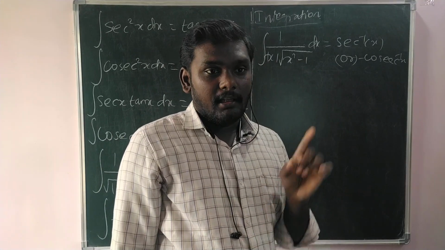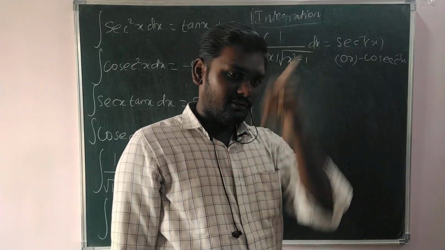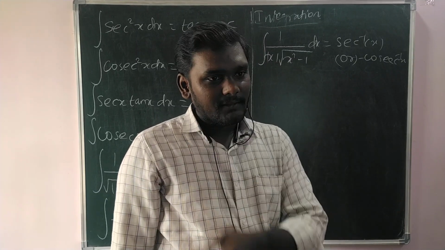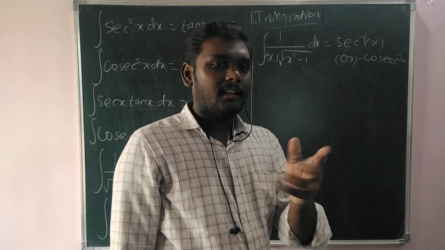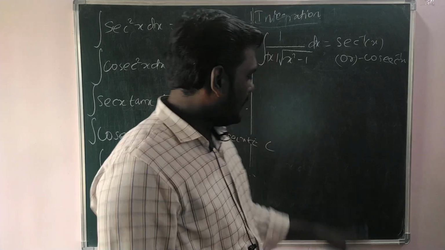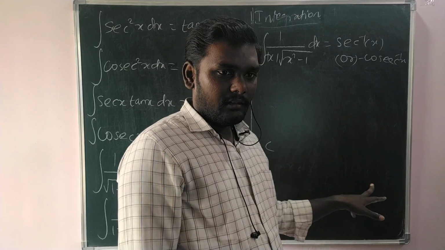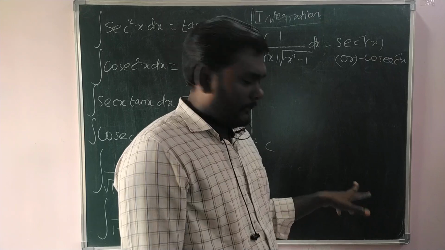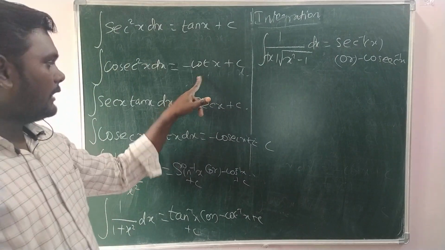In integration, if the answer has the alphabet C, because technically here the answers are the questions, right? So in integration, if the answer has the alphabet C, we get the negative. You look at this, whenever we get C in the answer, if we wrote cos x, we kept minus or not. Cot x we wrote negative.